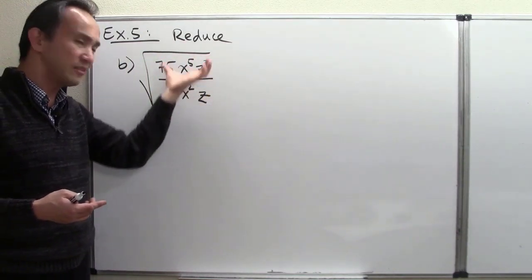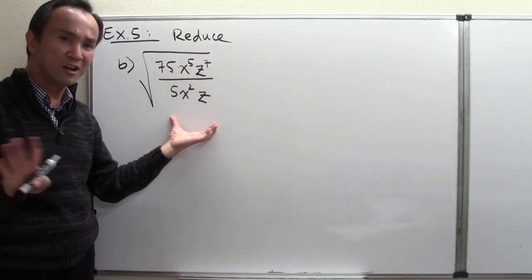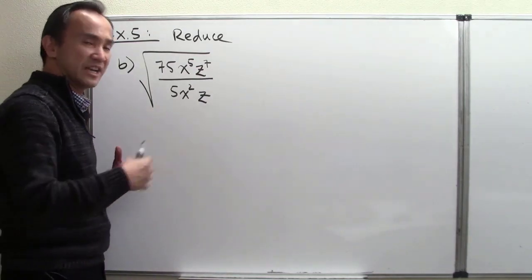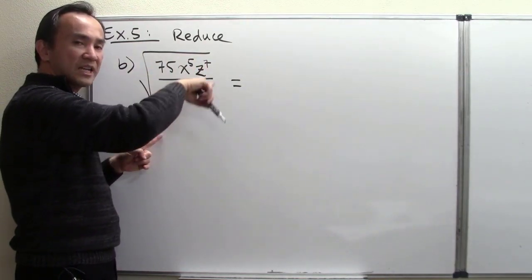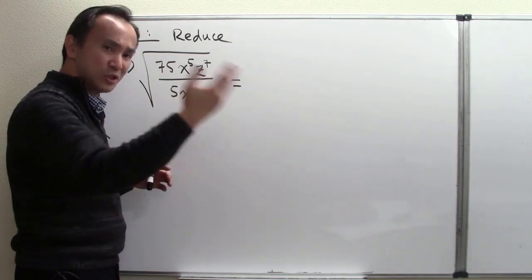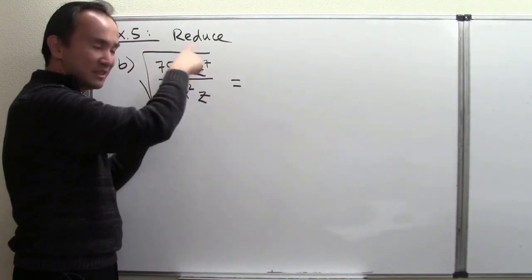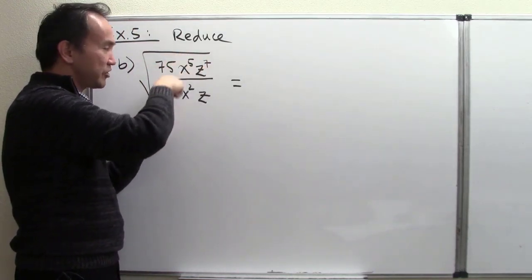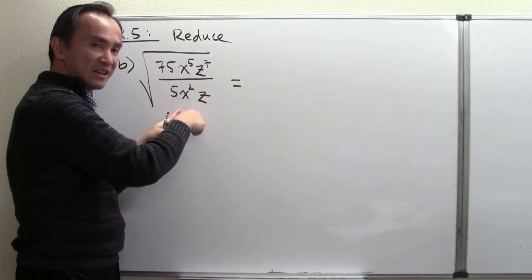What we have entirely inside the root is a quotient. Without learning anything advanced yet, we can still simplify the rational expression inside the square root before we take the square root. According to order of operations, we can finish calculating the division inside the root first, because that's all grouped together.